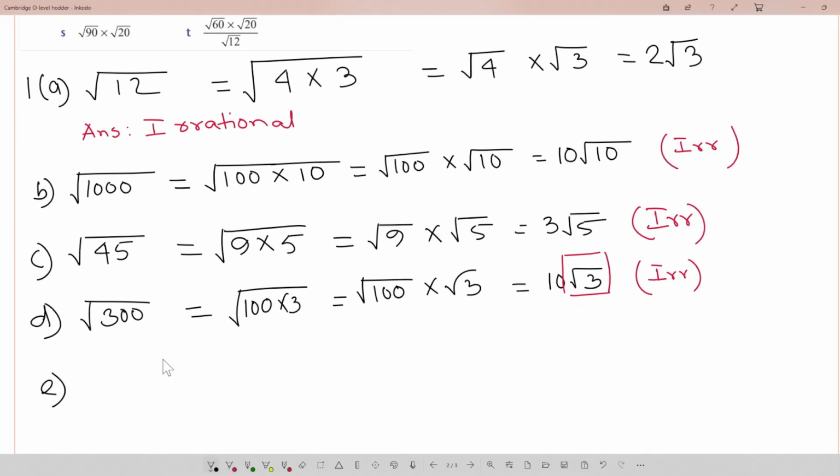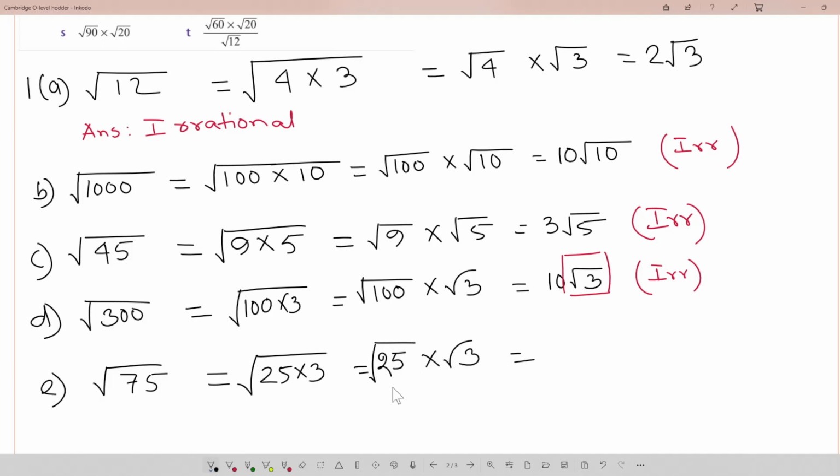Number E is root 75. 75 we can write as 25 times 3 under the root sign. So root 25 is 5, or root 25 times root 3. Root 25 is 5, and then root 3.